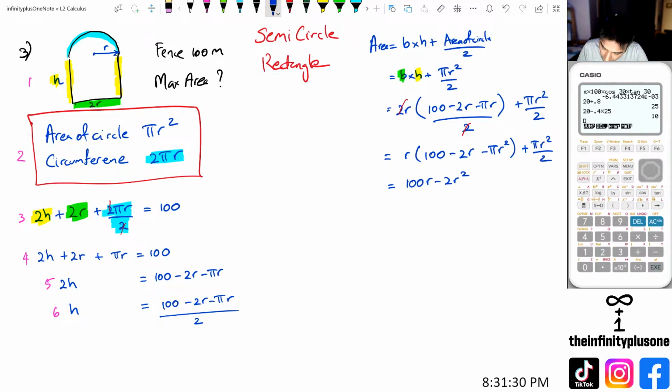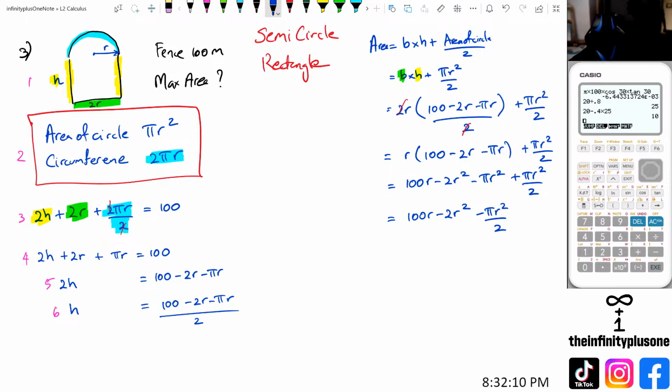I get 100r minus 2r squared minus pi r squared plus pi r squared over 2. We've got to simplify this before we start differentiating. So we've got 100r minus 2r squared, and then minus pi r squared plus pi r squared over 2 is going to be minus pi r squared over 2.